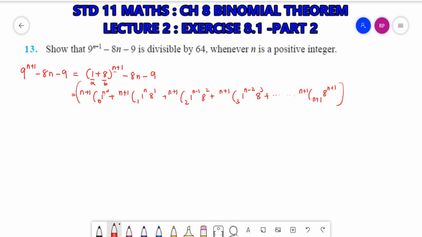Okay, this is (1 + 8)^(n+1), minus 8n minus 9.